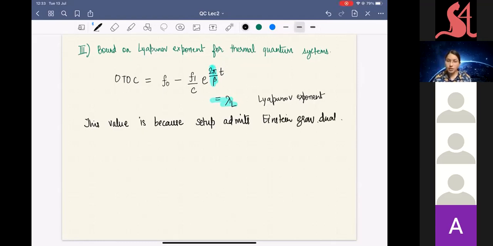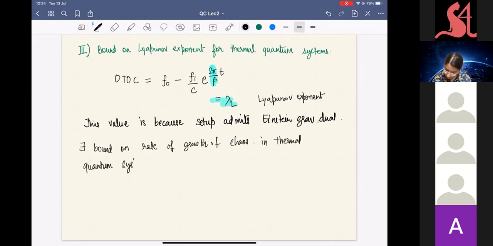However, for a generic thermal quantum system with large but finite numbers of degrees of freedom, there exists a bound on the rate of growth of chaos.